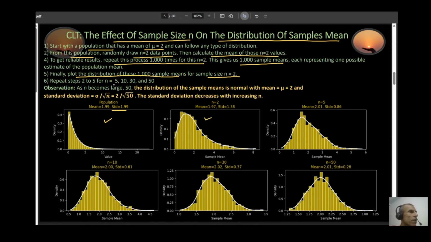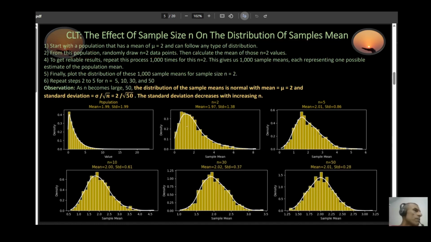Then I repeat the same process for n equal to 5, 10, 30, and 50, and these are my corresponding results. Okay, now I notice a few things. Let's look at n equal to 2 first. Here, look at my mean. My mean is 1.97, which is almost the same as 2.